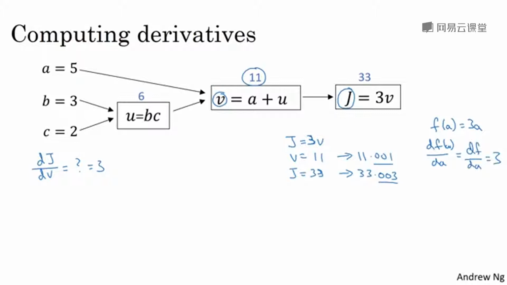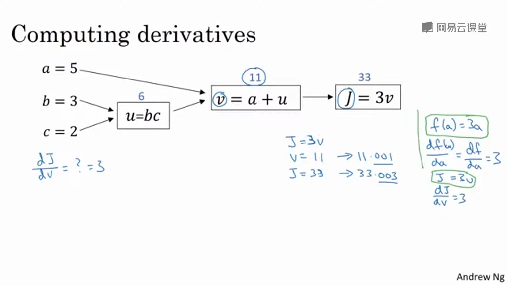So instead, here we have j equals 3v, and so dj dv is equal to 3, with j playing the role of f and v playing the role of a in the previous example from an earlier video.